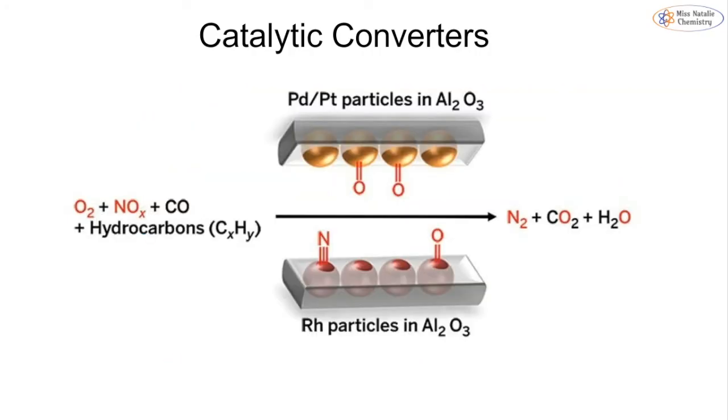So you can see here that we have the carbon monoxide and the nitrogen monoxide plus the oxygen that is of course in the atmosphere, and we can have palladium or platinum or rhodium, and they'll be in and on the surface of aluminium oxide, which would be inert in this case, and you get the nitrogen adsorbing onto the surface and then changing into our nitrogen and our carbon dioxide.